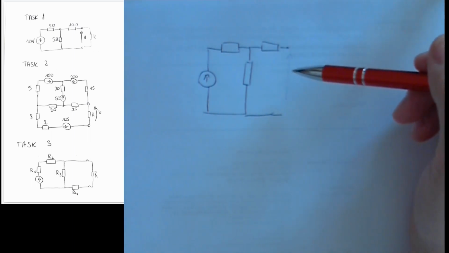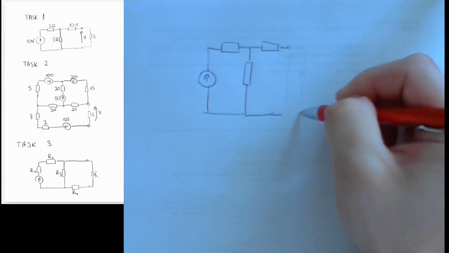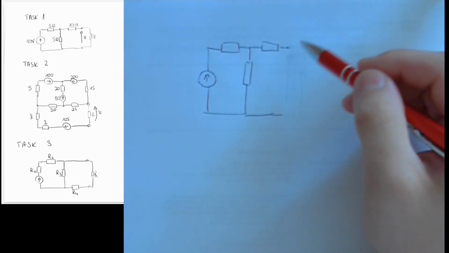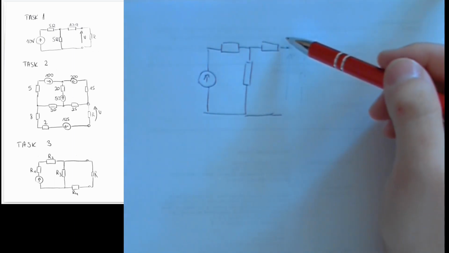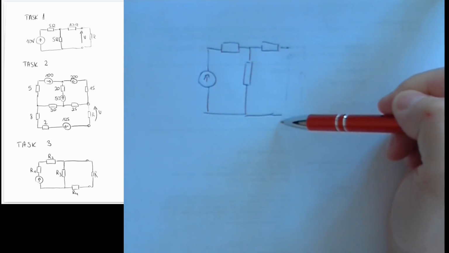So we have some virtual resistor right here, which depicts the rest of the circuit, and we try to model this part with a single resistor and a single voltage source.